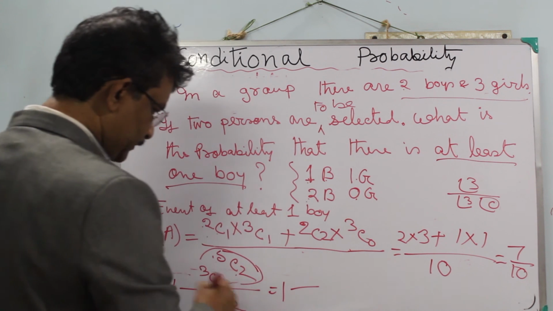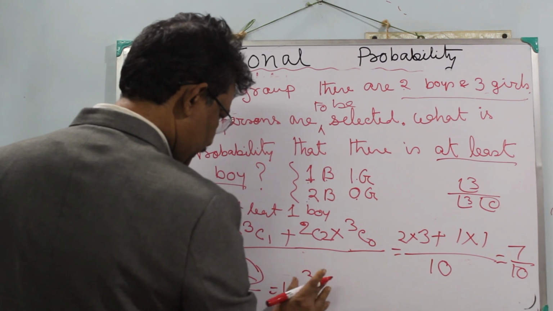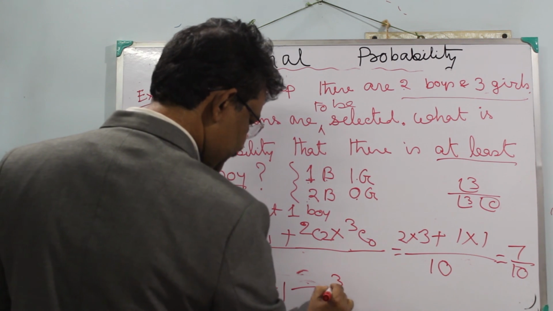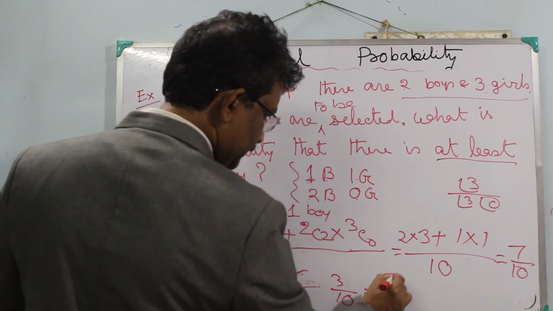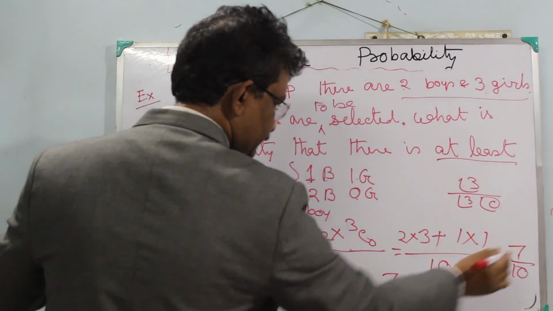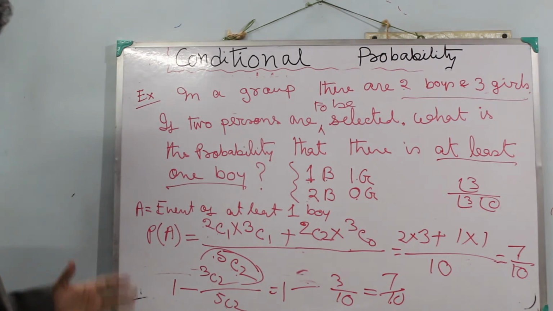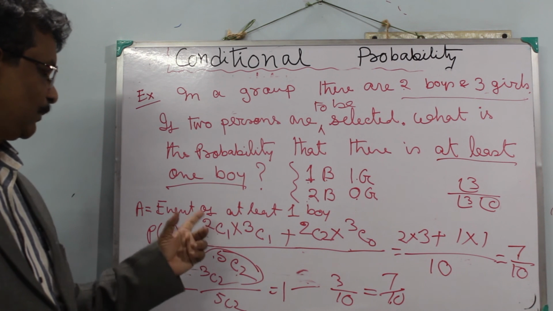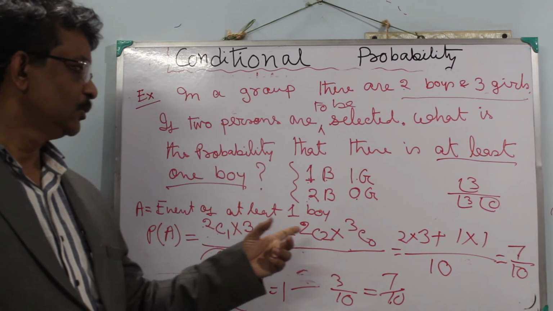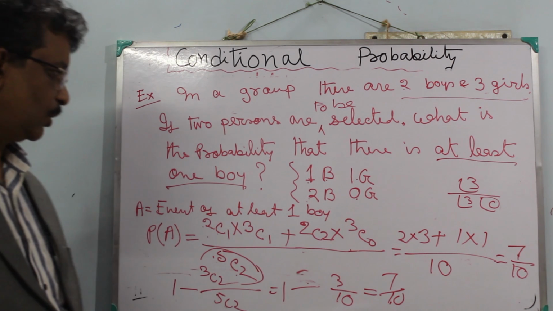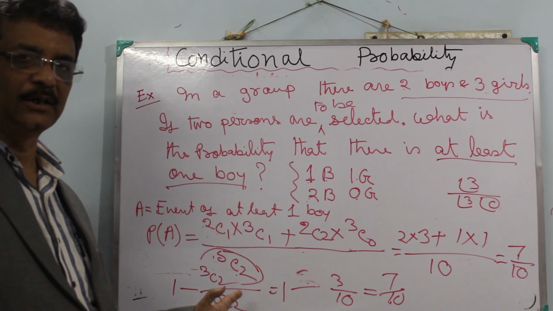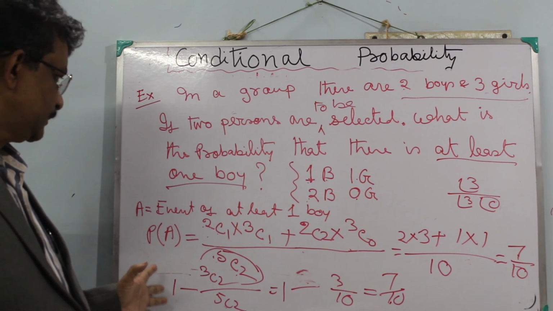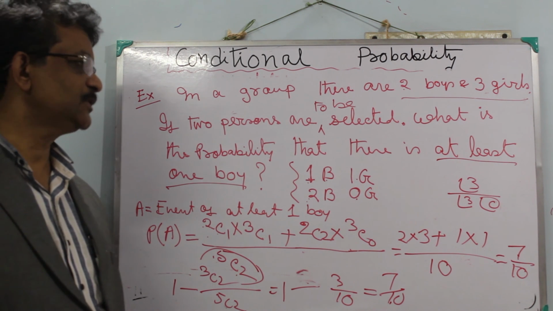Factorial 3 divided by factorial 1 gives 3. So 1 minus 3 by 10 equals again 7 by 10. So 7 by 10, 7 by 10, same. So you can either calculate 1 boy 1 girl plus 2 boys 0 girls, or 1 minus the probability of all girls, which gives the probability of at least one boy.